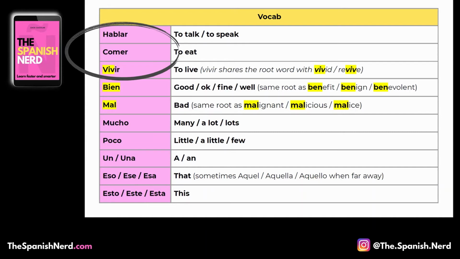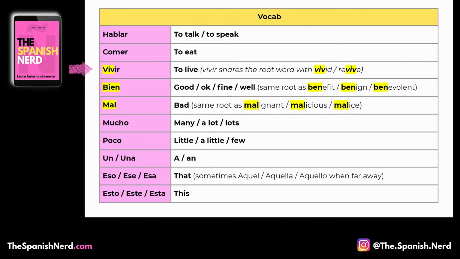One help that you do have is in the third one, there is a cognate there. And maybe you can find cognates where I haven't. I've invested hundreds, if not thousands of hours finding cognates, and these are ones that I found, but you might find some other ones. So if you find some, please leave them in the comments. But we have on the third word there, vivir. Notice, vivir shares the root word with vivid and revive.